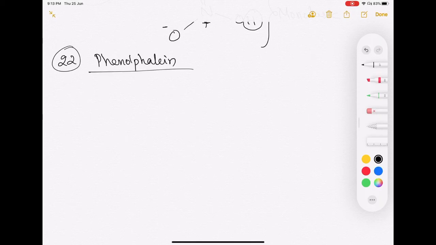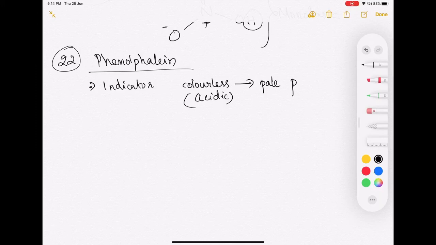The answer will be: phenolphthalein is added because it is an indicator which changes its color from colorless in acidic medium to pale pink color at the end point of the reaction. At the end point, it produces pale pink color because a small amount of base is present. Okay, so this is the use of phenolphthalein.